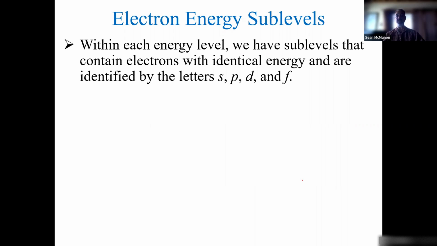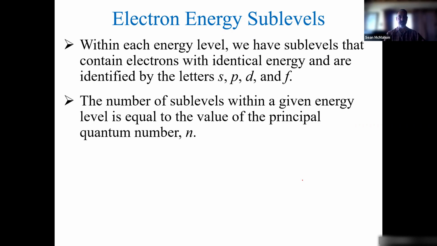So within energy levels, you have sublevels that contain electrons, and within the sublevels, they have different orientations. All the sublevels in the same energy level have the same amount of energy, but they are identified by different letters to show their position and orientation around the nucleus.